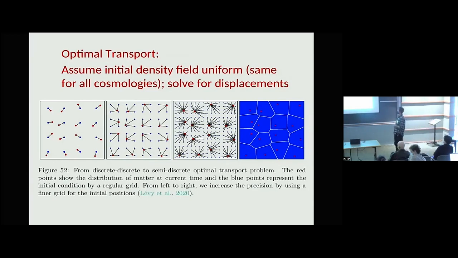And so, in principle, this red guy could have come from any one of these blue, and so there's some big combinatorial problem, and you assign a cost associated with big distances compared to small distances, okay? And if your only cost is big distances are bad, then you'll get what's optimal transport, okay?